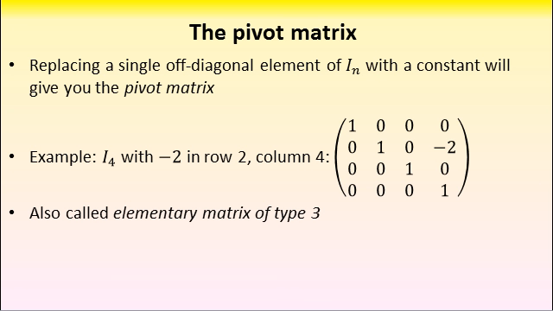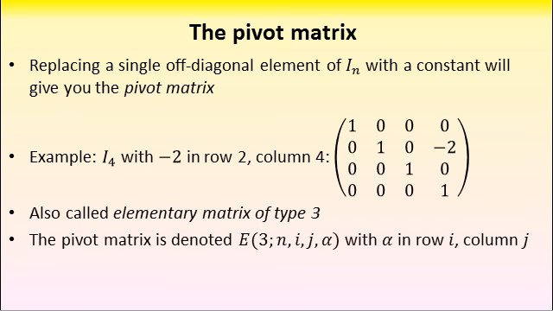The notation we use for pivot matrix is E parentheses 3 to tell us it's a pivot or a type 3 matrix, semicolon, n is the number of rows, i and j is the row and the column of the off-diagonal element that we replace with alpha.